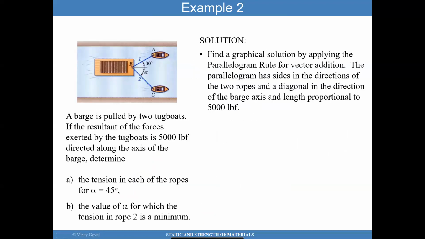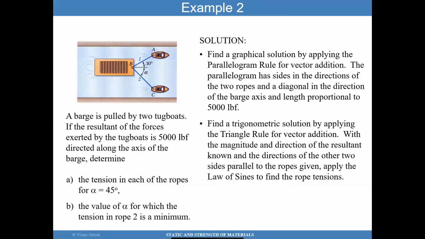Let's look at the problem of a barge, which is pulled by two tugboats. So you have this barge pulled by these two tugboats, A and C, at a point B, and these at an angle of 30 degrees in this manner, and then you have an angle alpha here. The tensions in these ropes are basically forces acting along BA and BC.